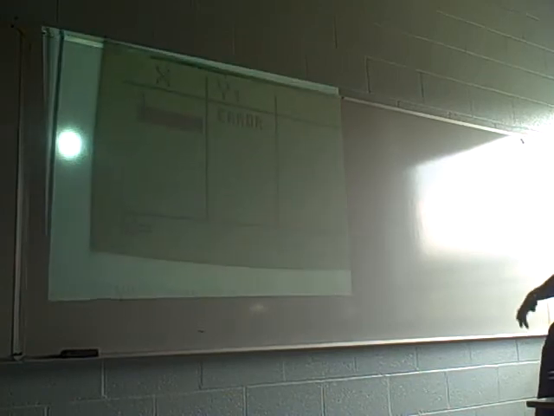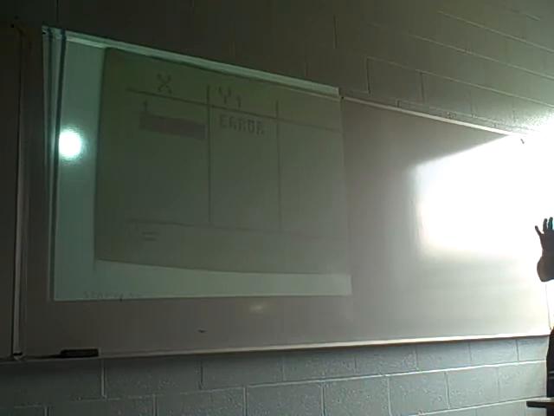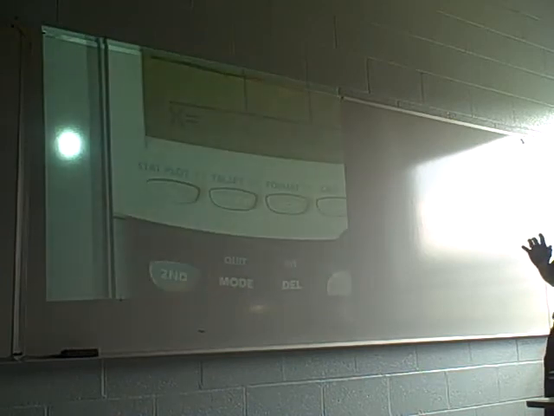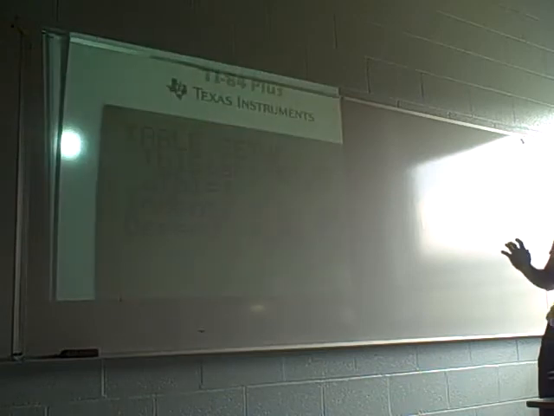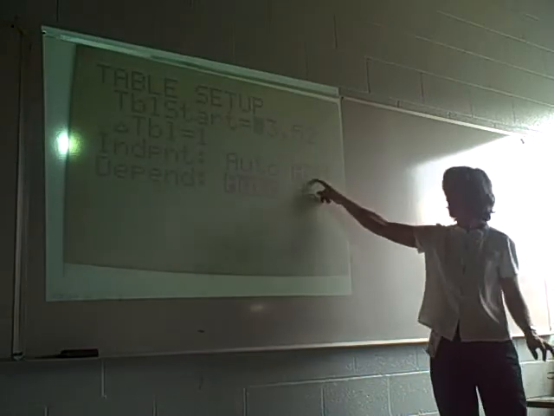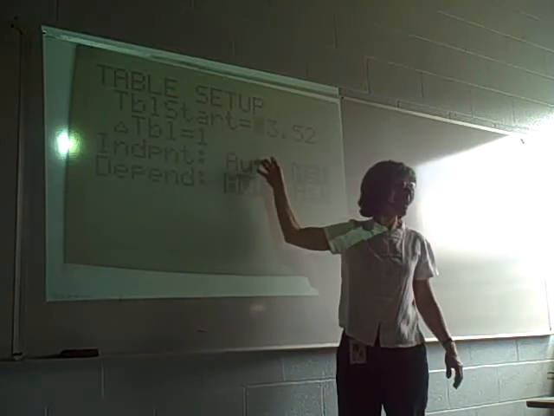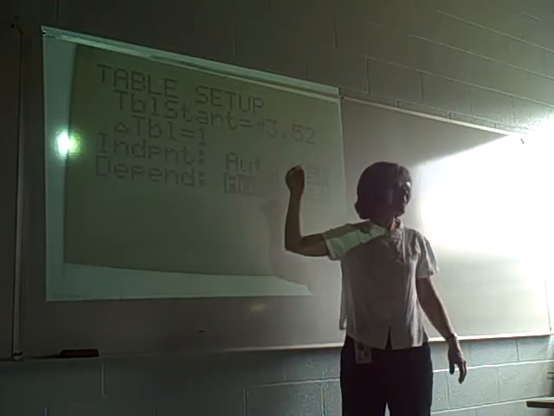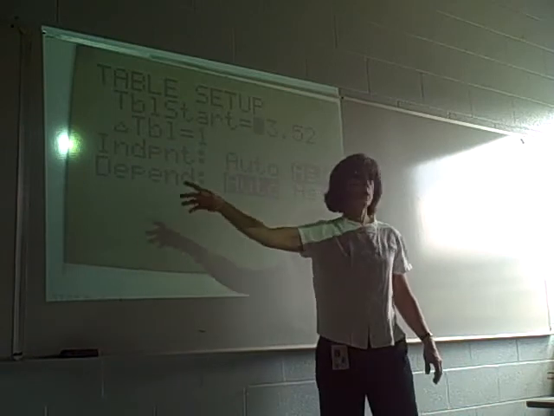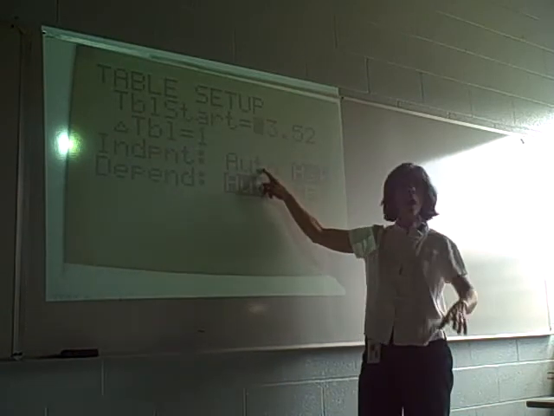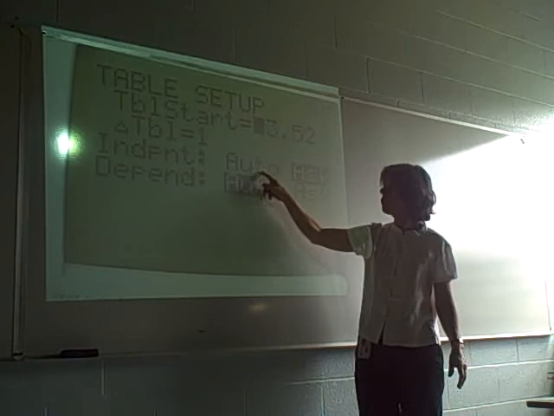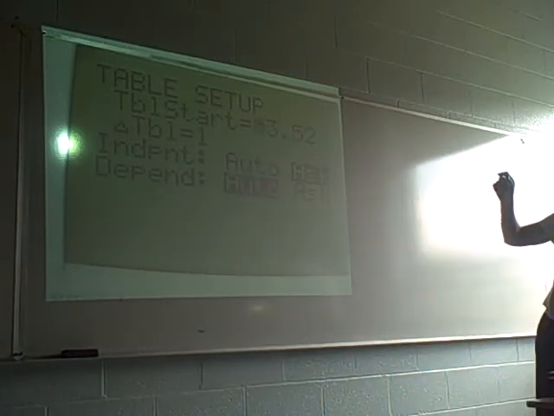And mine has an error because, I'll tell you why. I'm going to go back to second table set, and mine is on ask. So I can ask the independent value, like, what is x equals 1? If I want everything to show up, I'm going to move my cursor back to auto.